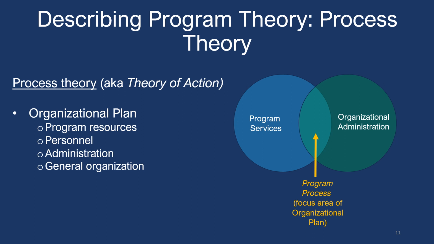In other words, the organizational plan specifies how to get resources and then how to adapt them to the program and deploy them to support the organization of the program. This resource management will enable the service delivery of the program.